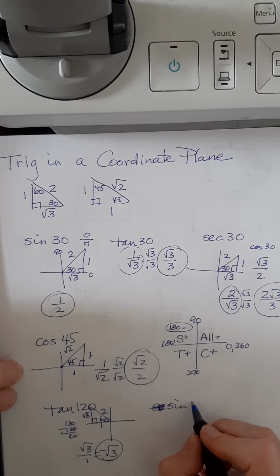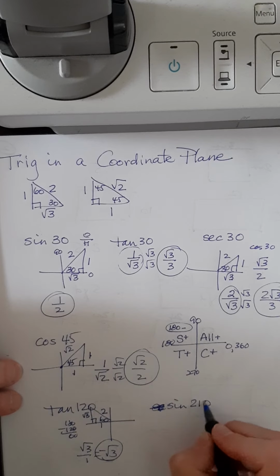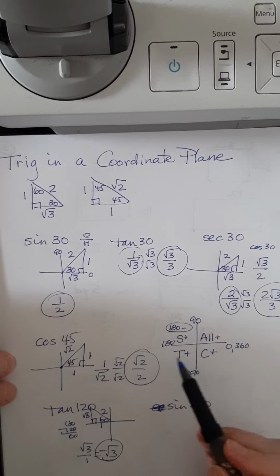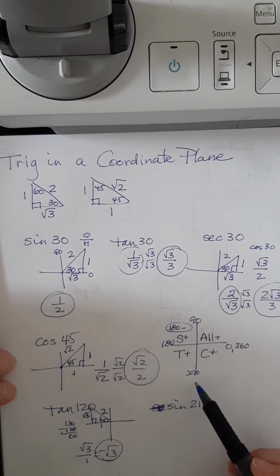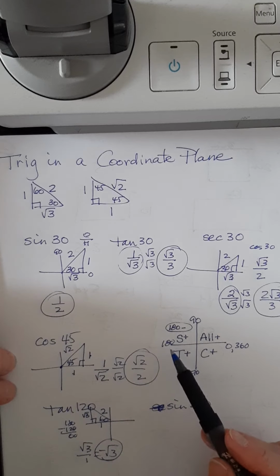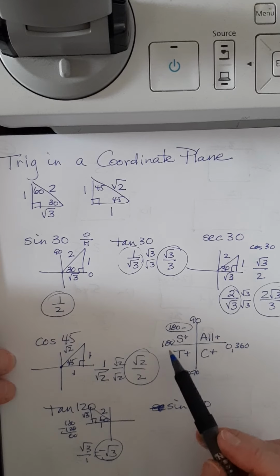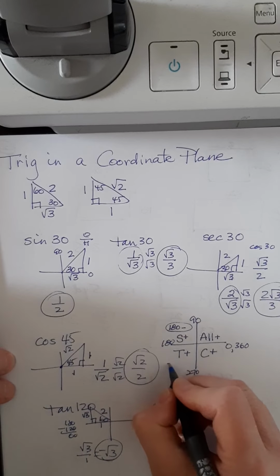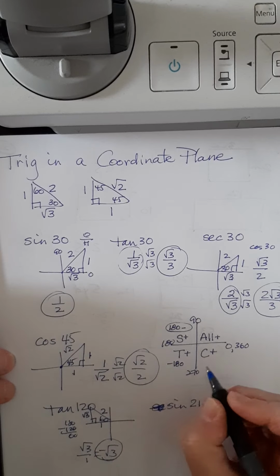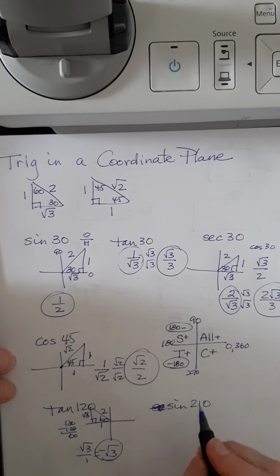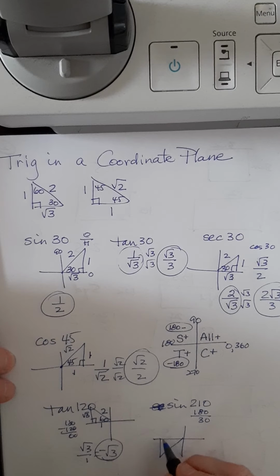Let's say sine of 210. Well, 210 is between 180 and 270. Remember, always the x-axis, never the y, so you're always going to deal with 180. Technically, in this quadrant, you're subtracting 180 from it, and so your reference angle is 30. Put in your sides, 1, square root of 3, 2, and then find what they want.